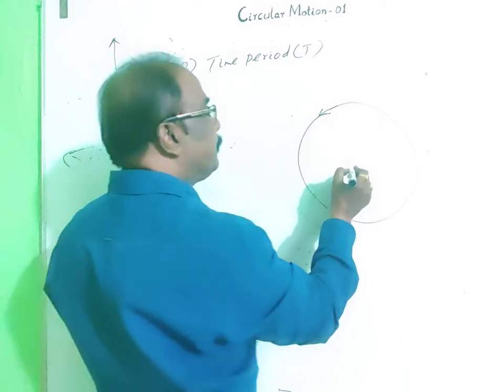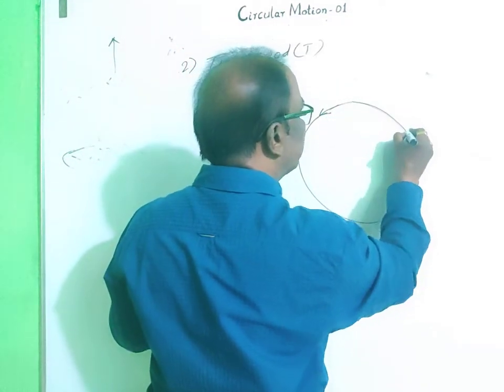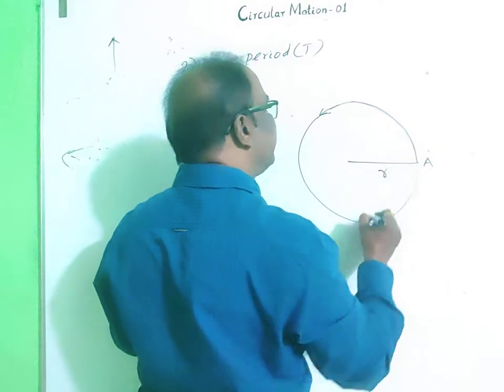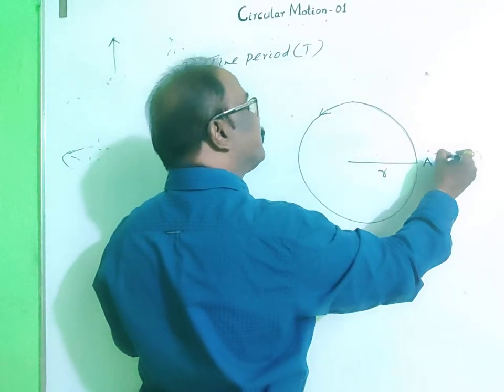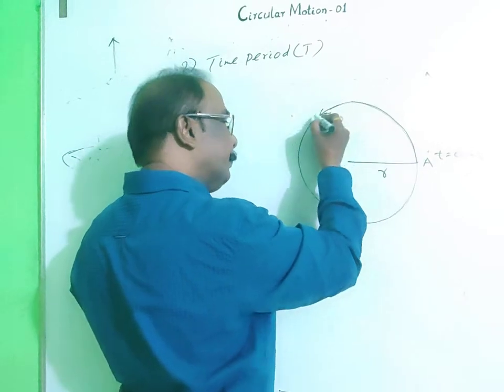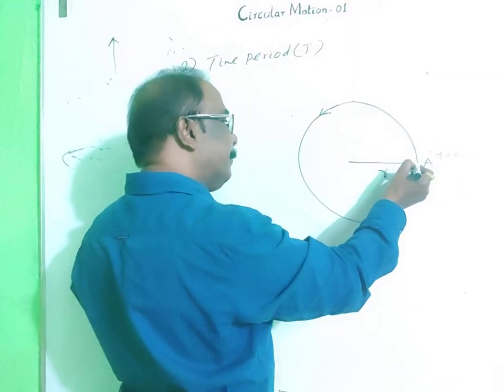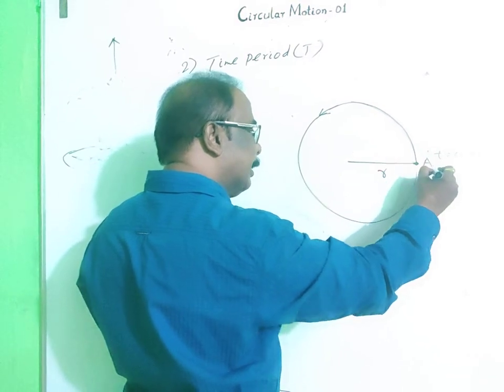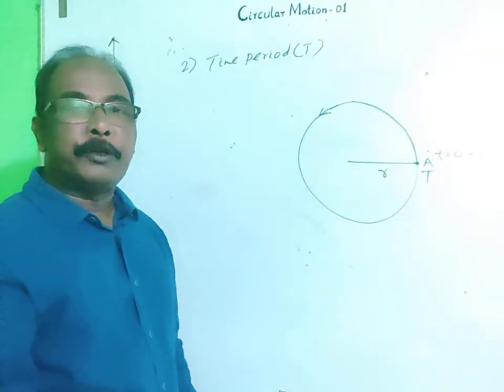Suppose in anticlockwise order, the particle starts from A, radius is r. The particle starts from A when time is 0, completes one revolution and again reaches A. The time taken by the particle is T.